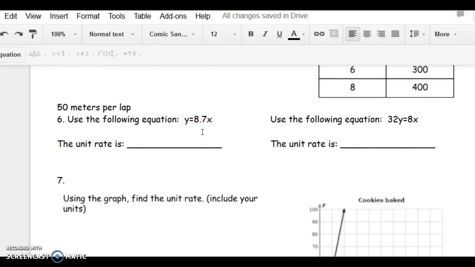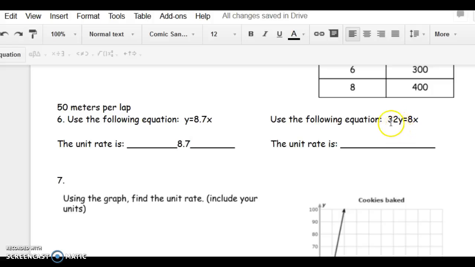Number 6, the following equation, the unit rate is, so in this equation, y equals 8.7x, 8.7 is the unit rate. This equation, 32y equals 8x, I have to get rid of this 32.